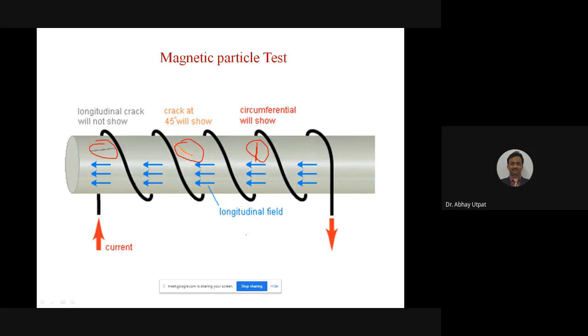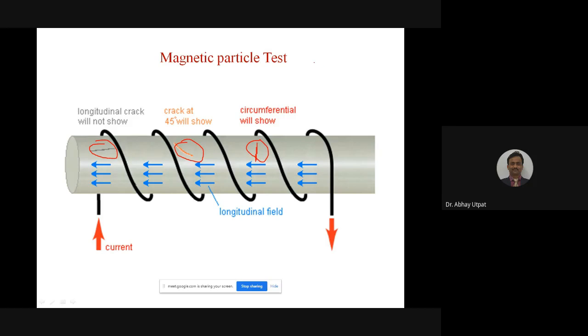If the crack is strong, means perpendicular, the magnetic field is strong at the position of the crack, and more powder will be accumulated. If the crack is not exactly perpendicular, less powder will be accumulated. And if the crack is along the magnetic field, no powder will be accumulated.